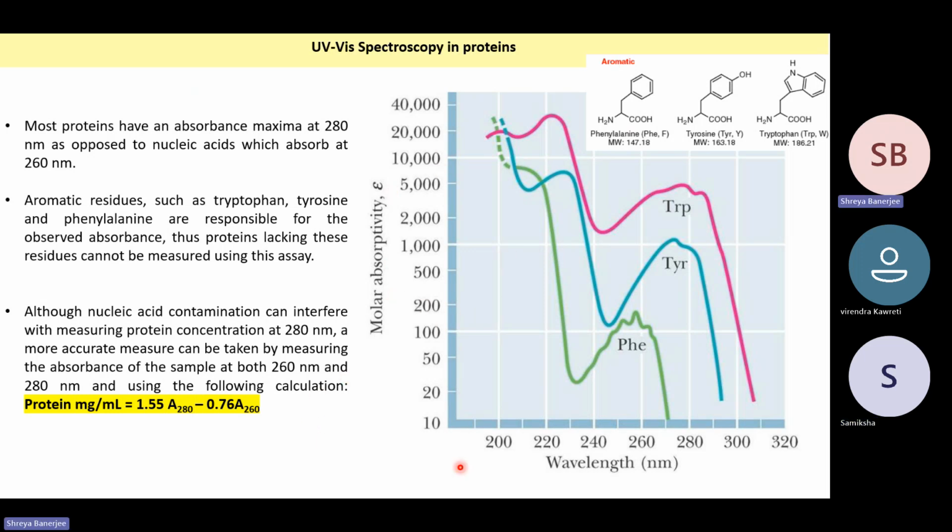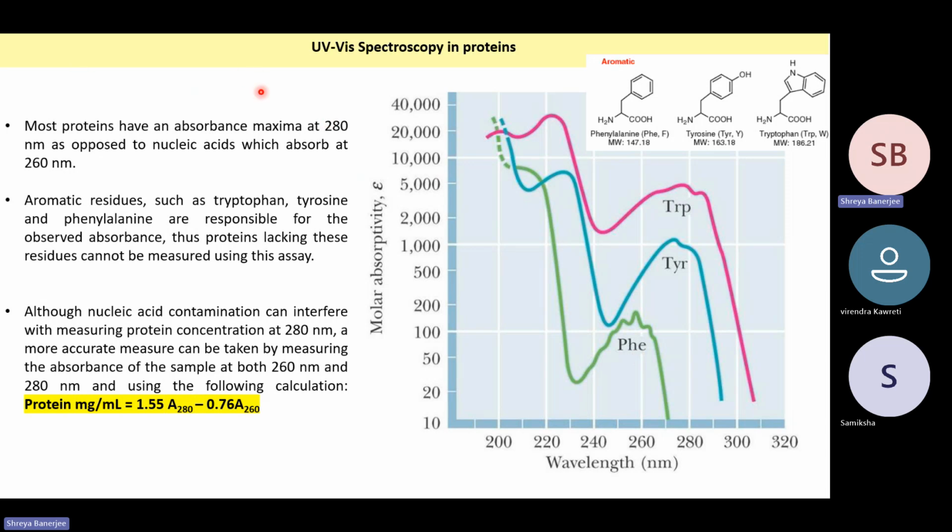Right now we are only talking about UV visible spectroscopy, but if you have a spectrometer, other amino acids will also absorb light at different wavelengths, but it will not be in the UV visible region. That is why, if you are studying it by a spectrophotometer which has a wavelength range only within the UV visible range, then it has to have one of these three amino acids.